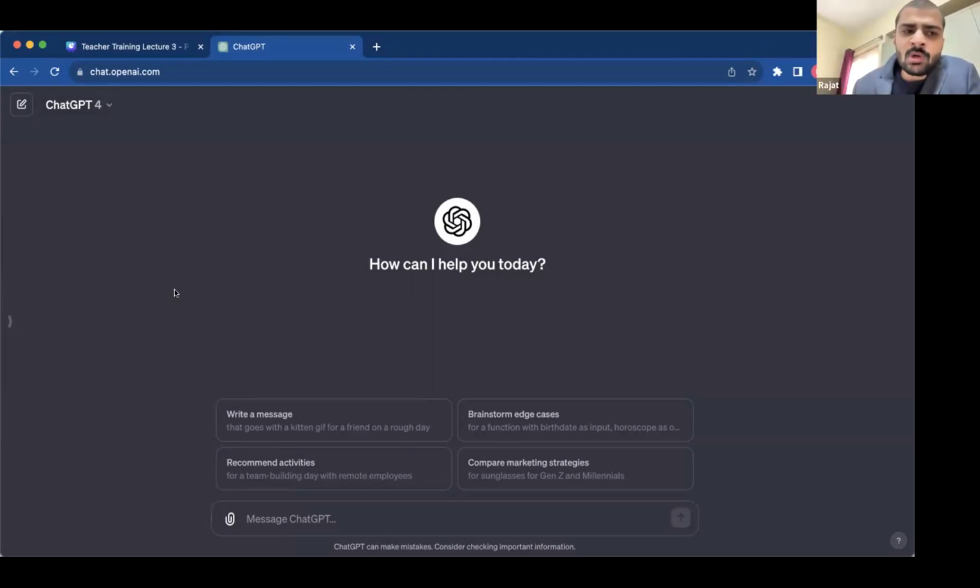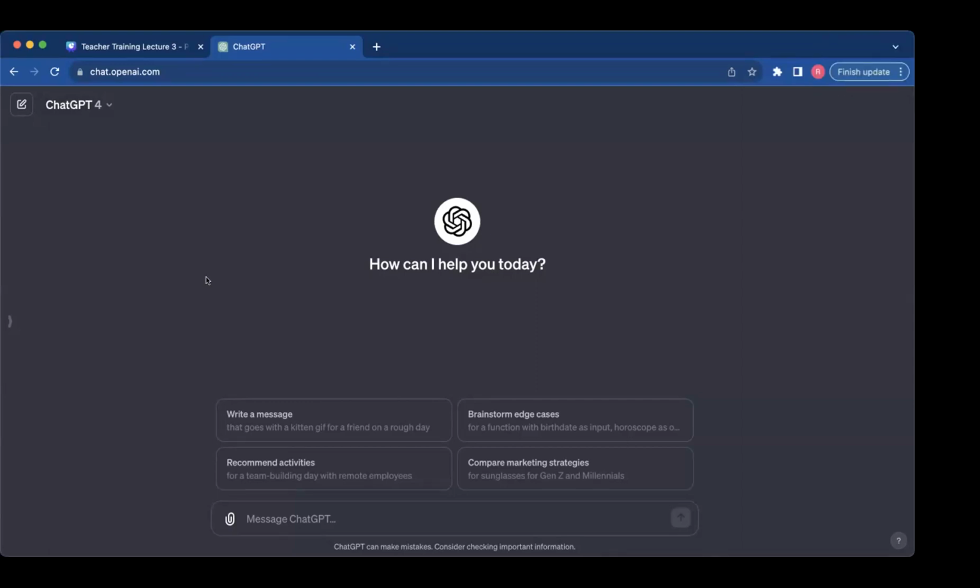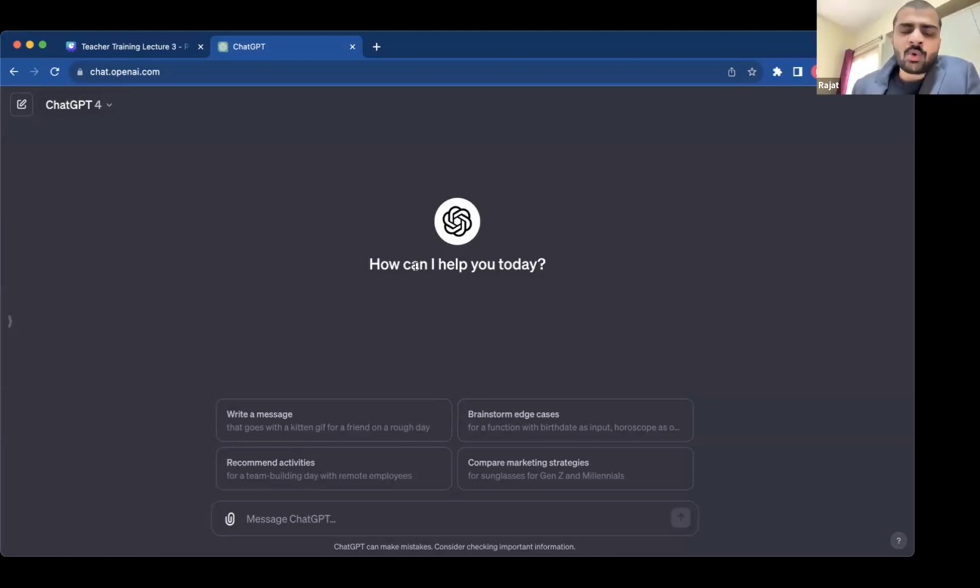So if for your school you take one subscription for all the teachers, then that would really work out very well. So what we recommend is for an entire school to take one or two subscriptions and then share the details among all their teachers. We'll also come towards that towards the end. Hopefully, we will demonstrate all the applications of GPT-4, which will convince you that maybe it is the right option for you.